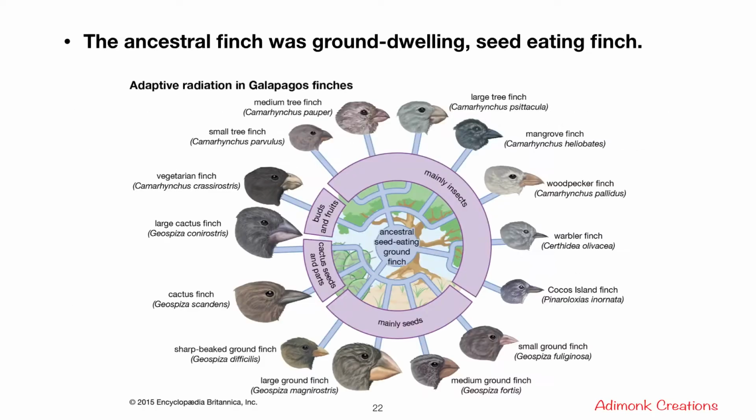The ancestral finch which invaded the Galapagos Islands was originally a ground-dwelling, seed-eating finch. Here in this picture we can see how the seed-eating ancestral finch diversified into multiple new species according to the habitat of the different islands, because the Galapagos is a group of islands.